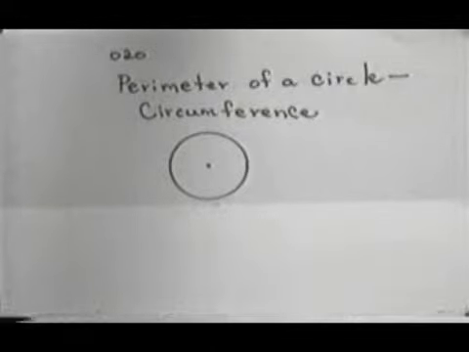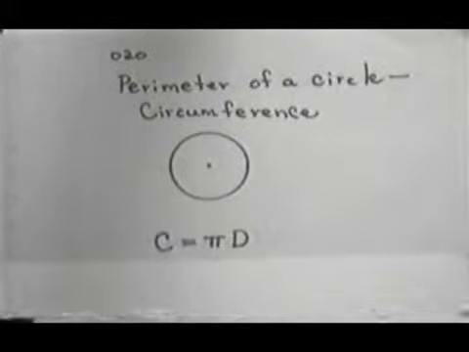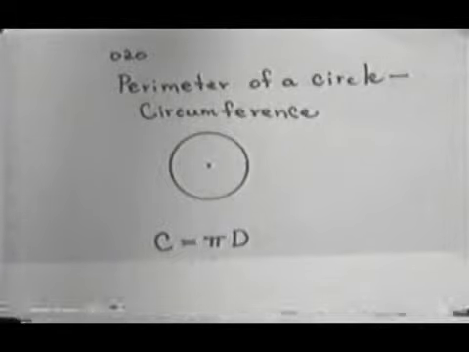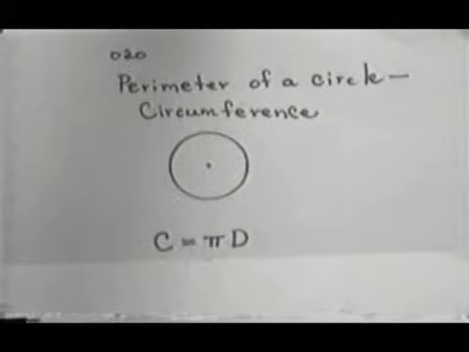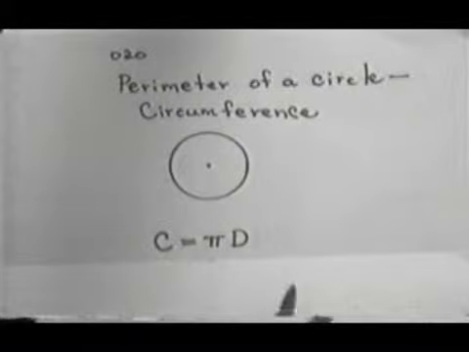The formula that you use to find the perimeter of a circle is something a little bit different. It's C equals pi d. The C is the circumference, the d is the diameter, and pi is a special number.